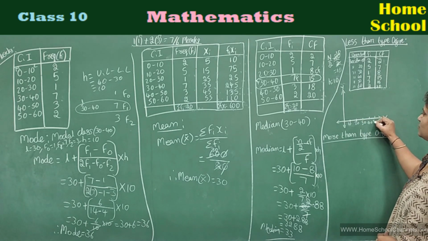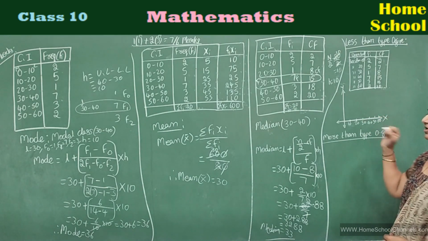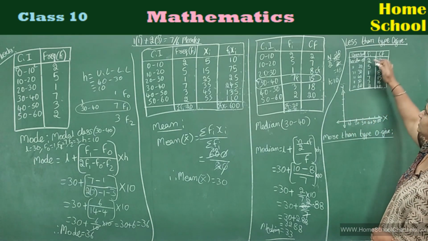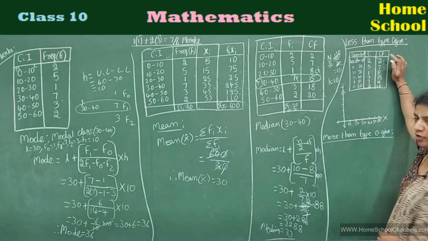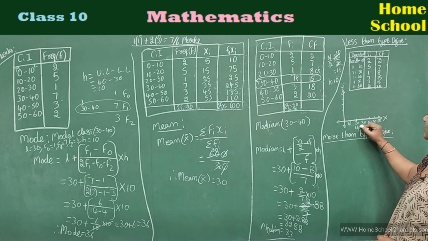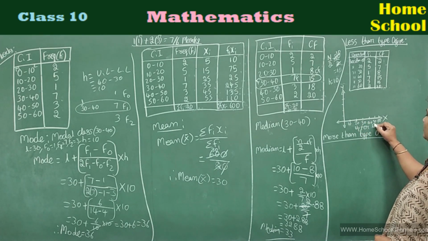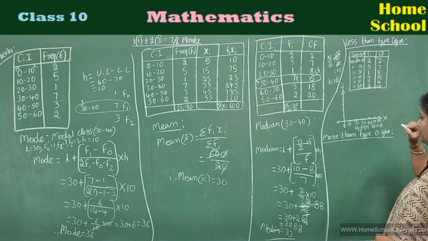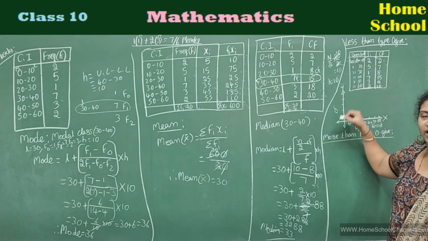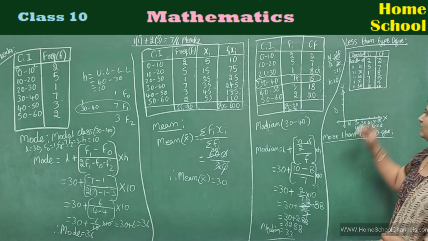Take scale in this way. 1 centimeter is equal to 10 units. And on y-axis, see on y-axis, what you need to plot? Cumulative frequency. Right here, upper limit. On x-axis, upper limit. And on y-axis, write properly, cumulative frequency.